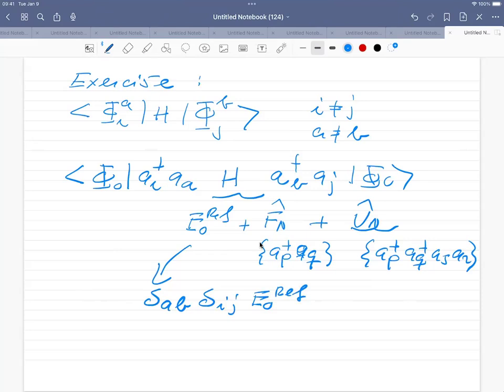Now, the other term, the f of n term. What you have to do then is take a_A, a_I^†, a_P^†, a_Q, a_B^† and a_J here. And now you can perform two types of contractions, which are the only ones which are non-zero.